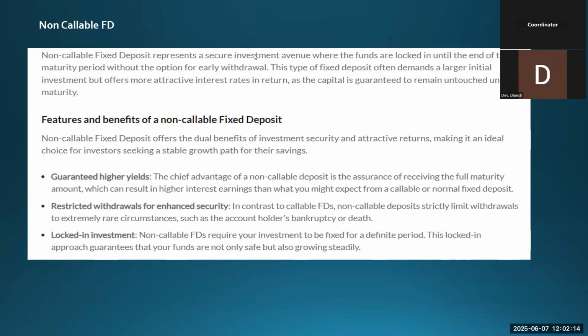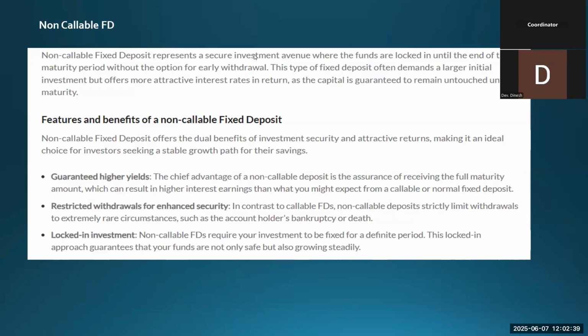Non-callable FD is a type of FD where pre-closure is not allowed for the entire term. Earlier what we saw was customers can pre-close the FD with a penalty, right? But there are certain FDs called non-callable FDs where the customer cannot close the FD till maturity.